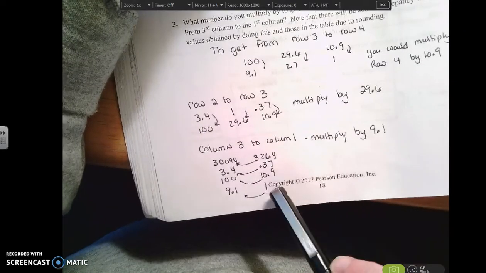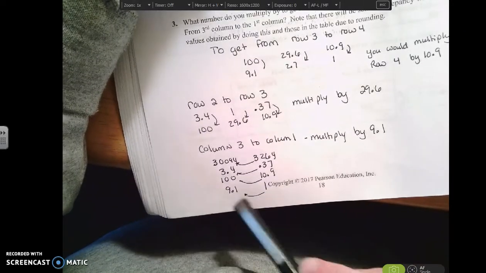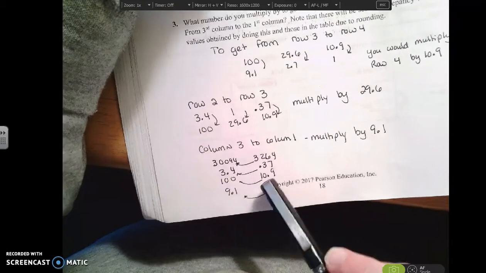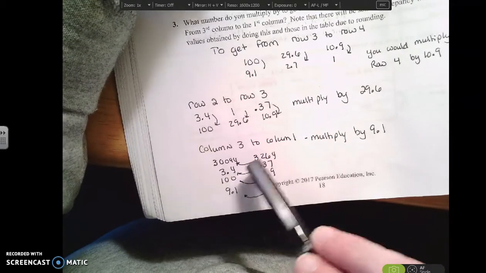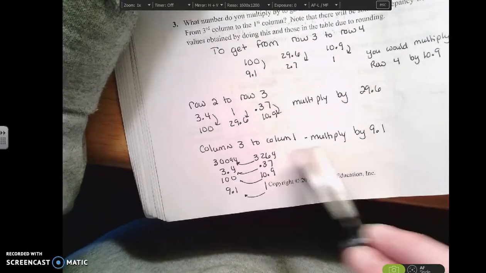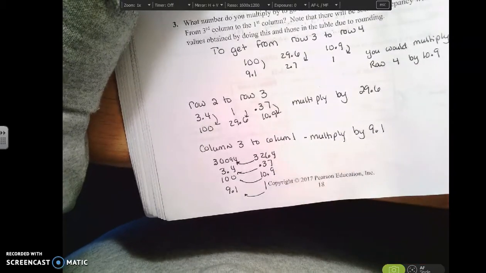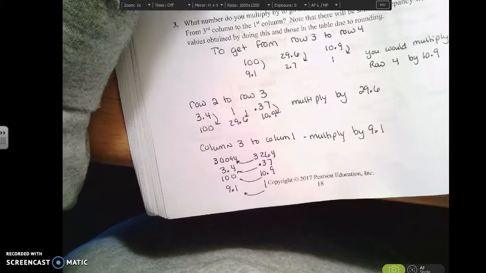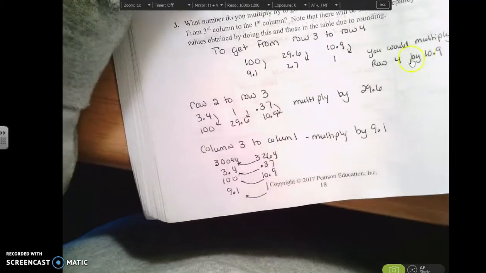So to get from column 3 to column 1, I have to look at this 1 value. I would have to multiply each of those values in column 3 by 9.1 to get from column 3 to column 1. So keep watching and I'll show you some more of the guided workbook in just a second.